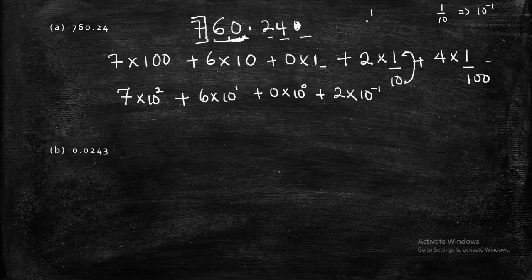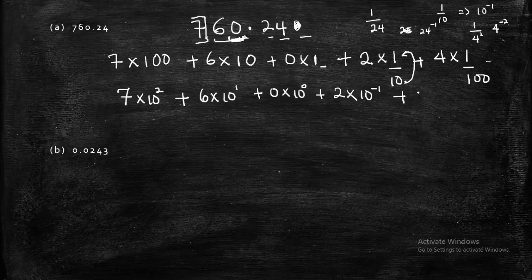If I have 1 over 24, it's going to be 24 raised to power minus 1. If I have 1 over 4 squared, it's going to be 4 raised to power minus 2 because it has now gone up. So that's what we are saying here. So 10 has gone up, so it's raised to power minus 1.